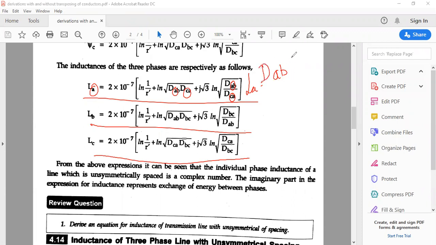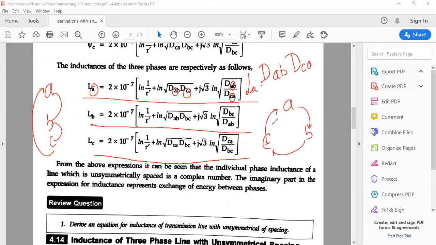So I'll be having DAB, and after B you get C, and again come back to the same one, which is A, B, C. AB, BC, and again CA. This is what cyclic symmetry is all about. So I can write it like this: A, B, C, AB, grouping of two terms, BC, and again grouping of two terms, CA.